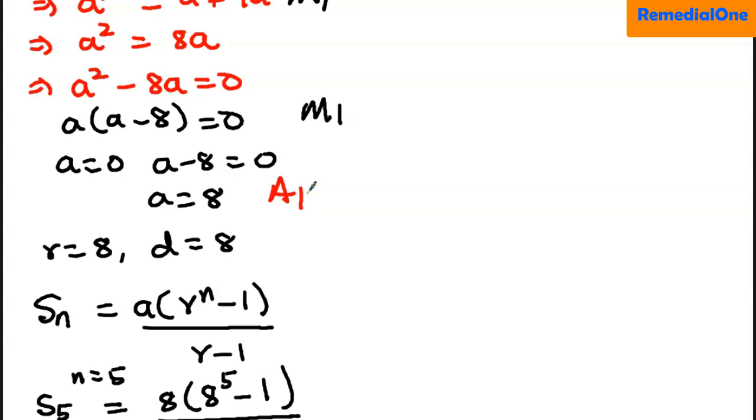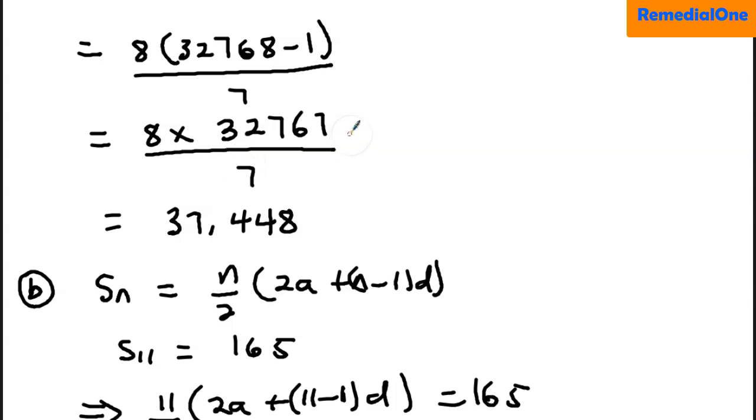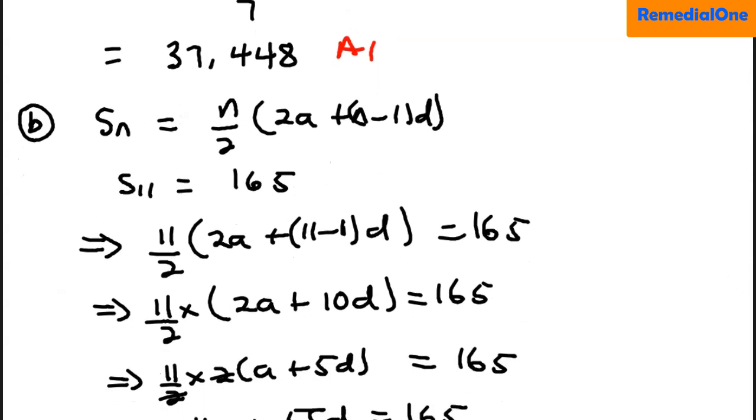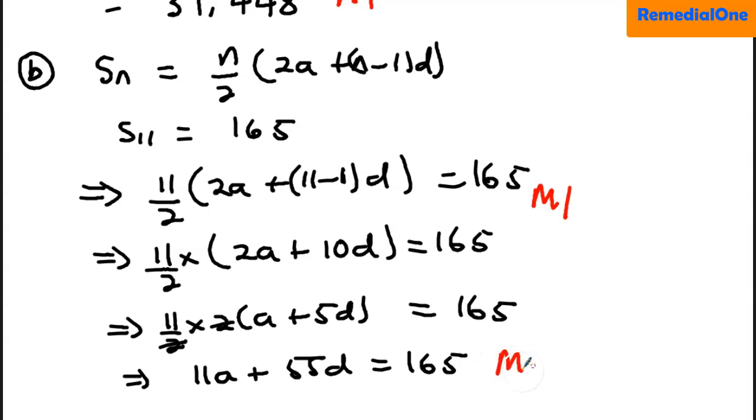We then move to the sum. If the candidate is able to substitute correctly, we have M1 for correct substitution. Then for simplifying, we get M1, then the correct answer as 37,448, A1. That is the first part. The second part, for correct substitution, we have M1, then being able to simplify, we get another M1.